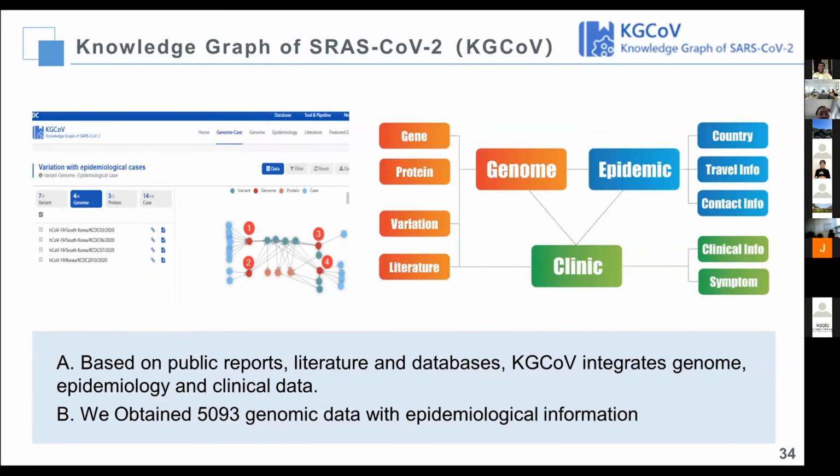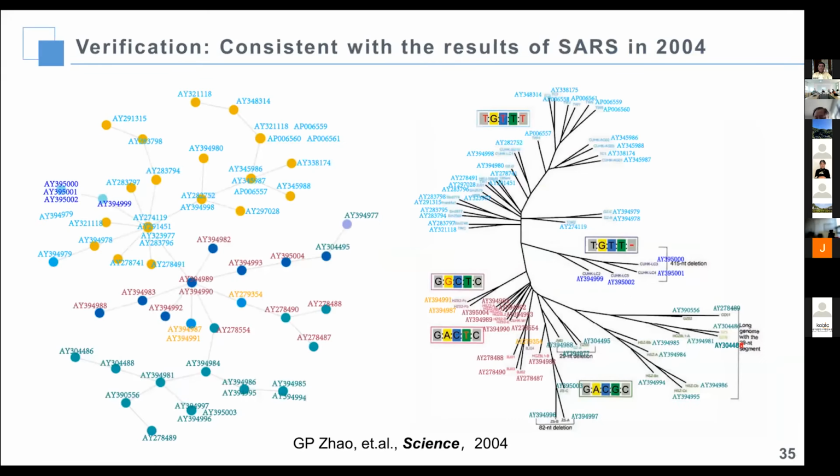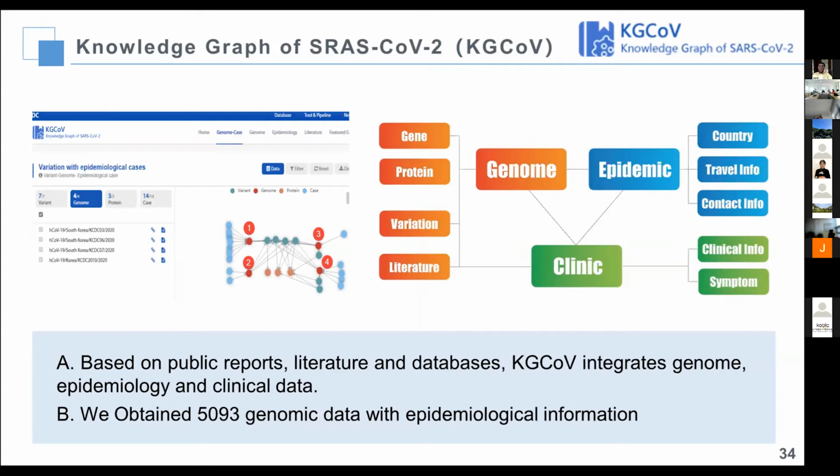And together with the knowledge graph of SARS-CoV-2, which we constructed by collecting information from the literature, the newspapers, and news agencies around the whole world, from 167 countries, we put this epidemiological information together with our topological segmentation algorithms.